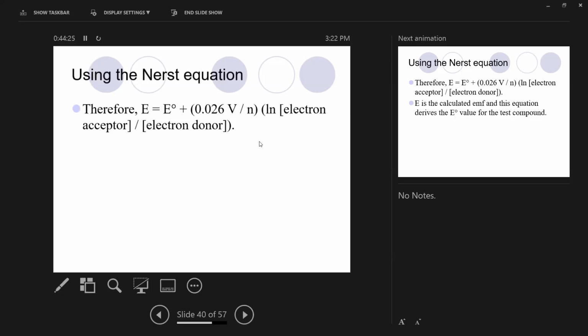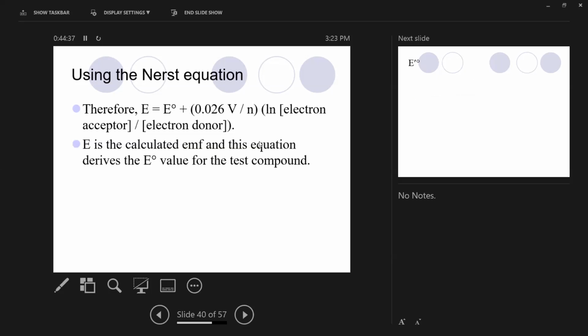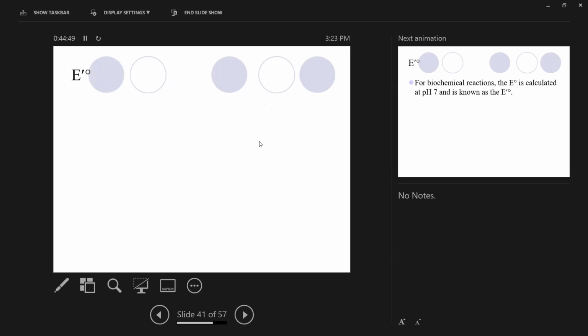All right, so this business here, you can just calculate as 0.026 volts divided by number of electrons, and so forth. And then your E ends up being the electromotive force, and this equation will be used to derive this number for your test compound. And then for biochemistry, you do this at pH 7.